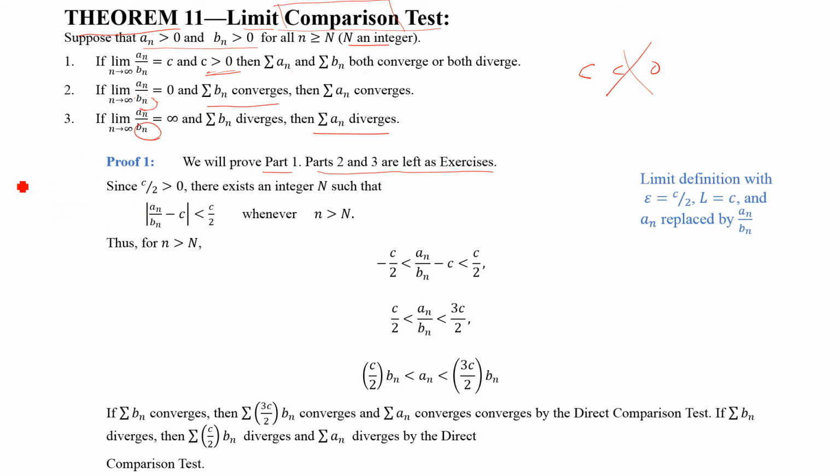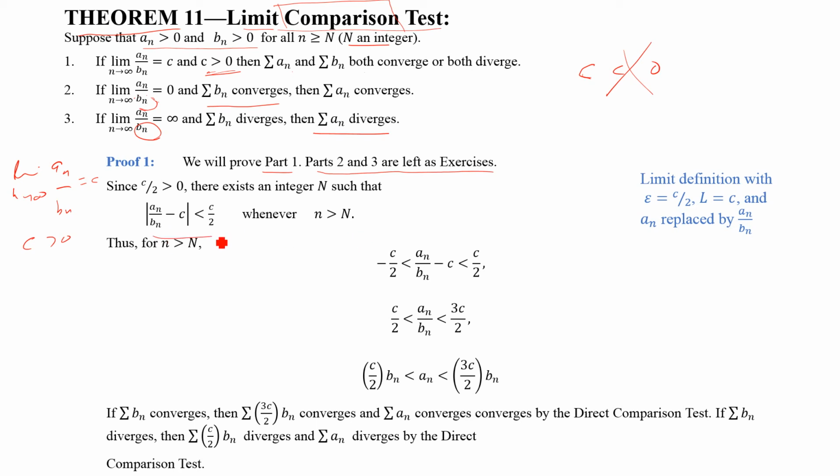The limit of a_n over b_n as n approaches infinity is equal to some c, and c is greater than 0. Since c is greater than 0, c by 2 is also greater than 0. Then there exists an integer N such that the absolute value of a_n over b_n minus c is less than c over 2 whenever n is greater than N.